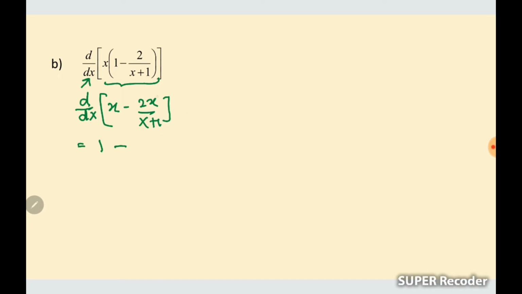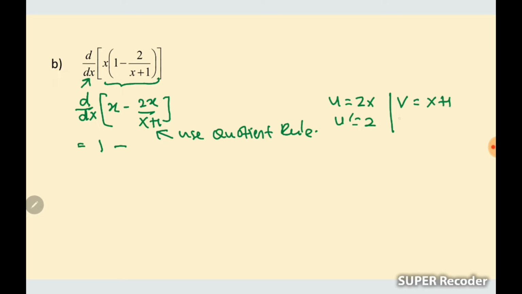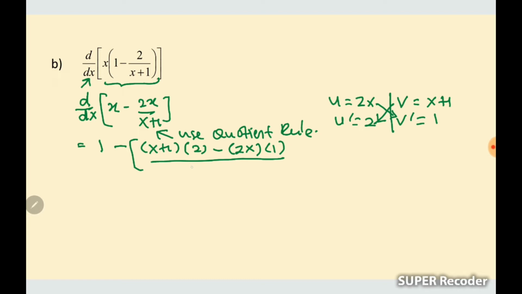You have to use the quotient rule, where u is 2x, u prime is 2, v is x plus 1, v prime is 1. So we substitute into the formula: v u prime, where v is x plus 1 and u prime is 2, minus u v prime, where u is 2x and v prime is 1. Then you divide by v squared, that is (x plus 1) squared.